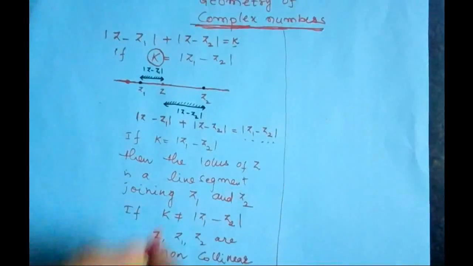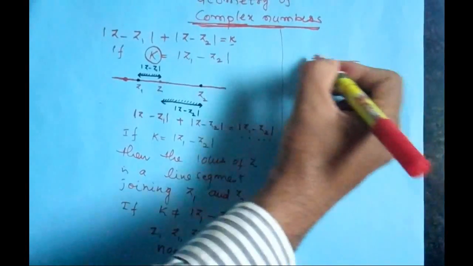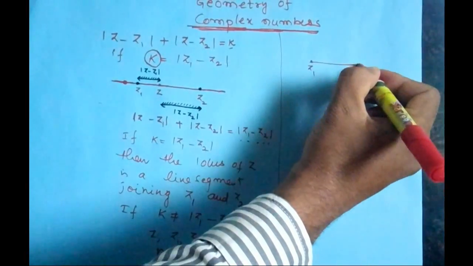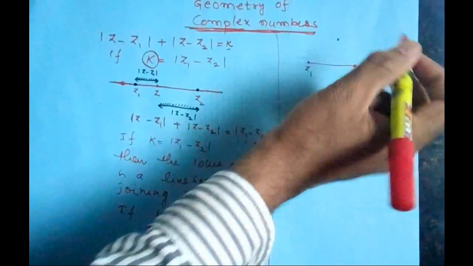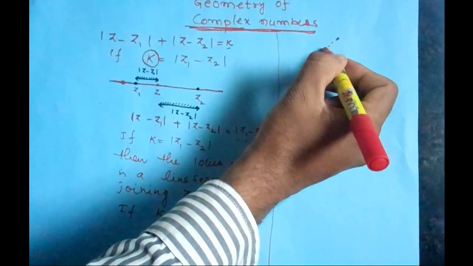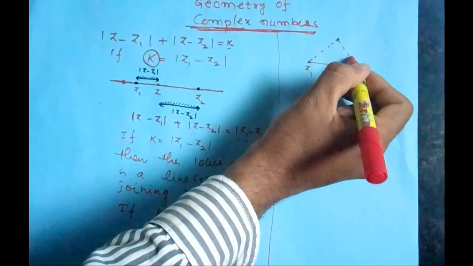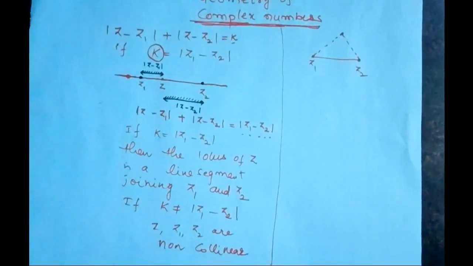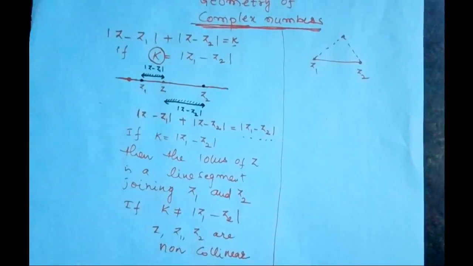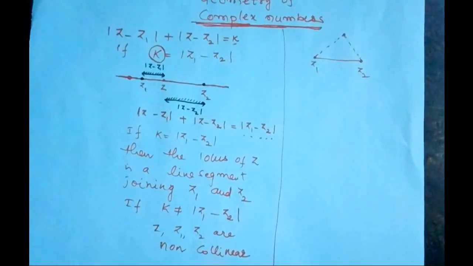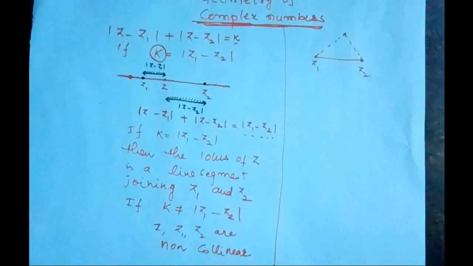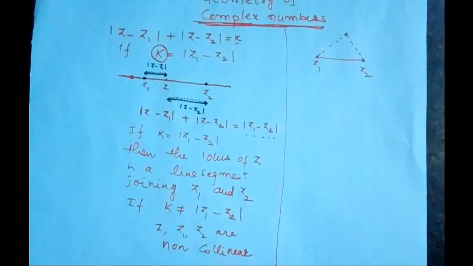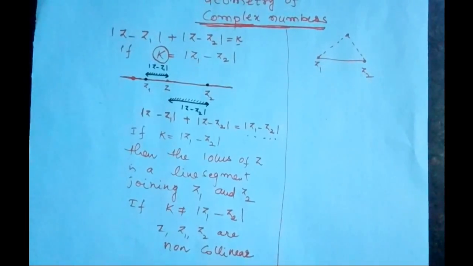So that means the points z1, z2 and z are not collinear, therefore they will form a triangle. Now once again, we know the basic property of a triangle, that the sum of two sides is always more than the third side.